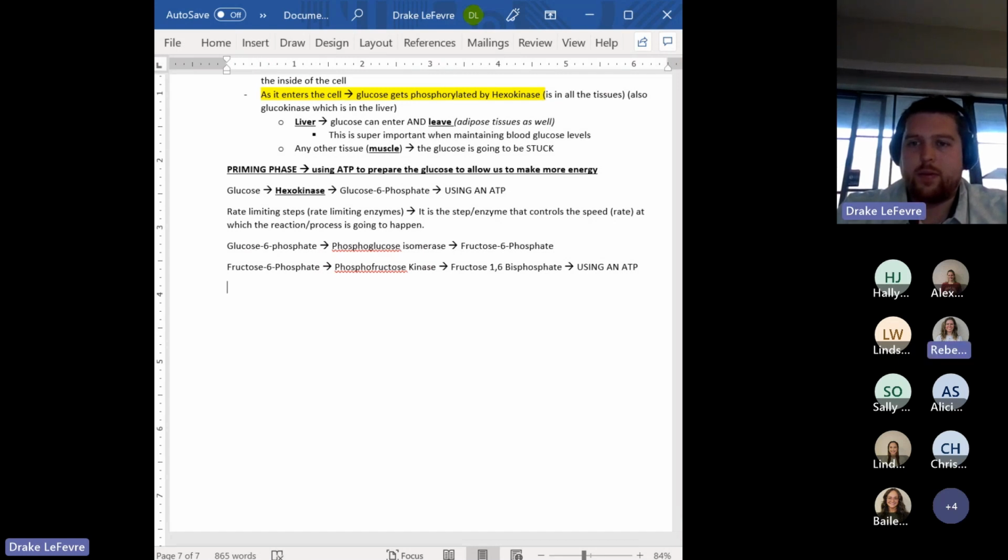So the priming phase, did somebody have a question? I heard somebody unmute. I was going to ask, so every time we see a kinase, should we automatically assume that we're going to be using an ATP? Don't assume that you're using an ATP, because the kinase is just for transferring a phosphate group. It can go the other way, where we're actually taking an ADP and a phosphate.